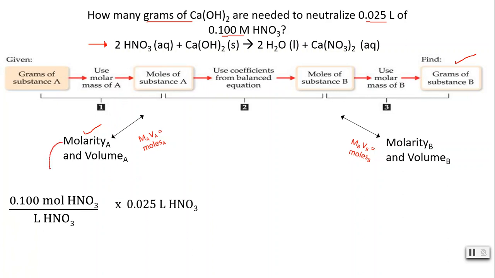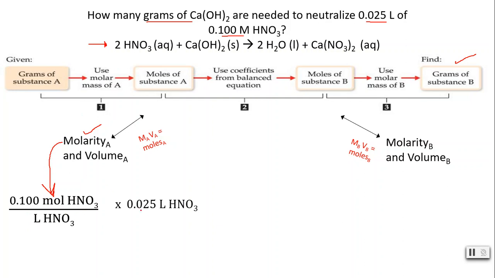And note that when I wrote the molarity down, I wrote it so you can clearly see that moles is in the numerator and liters is in the denominator. So 0.100 molarity of HNO3 is exactly the same as 0.100 moles of HNO3 per liter of HNO3.